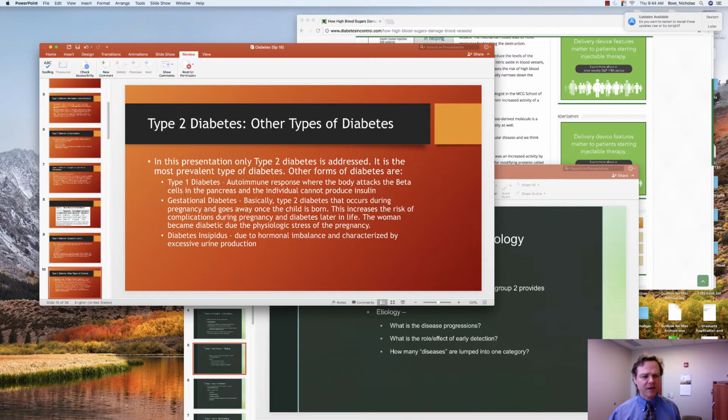I give the basic definition of type 1 just because I talked about it earlier. I also have this, how many diseases are lumped together in one category. So I mentioned the different diseases that are also called diabetes.